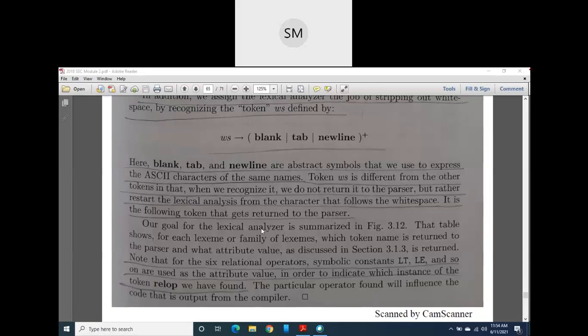So such spaces also our lexical analyzer should identify, right? Because of that, for the white space lexeme, we have written one more separate definition here, one more pattern here.